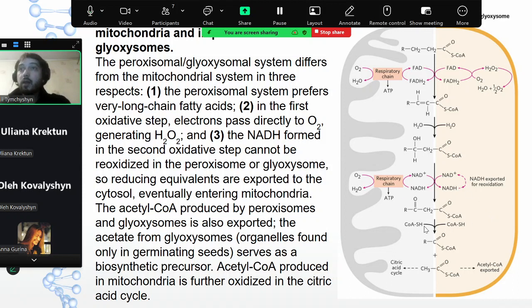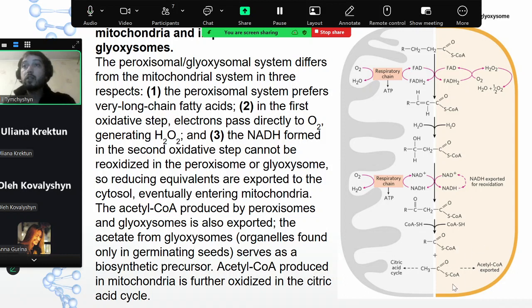The next pathway is pretty similar, but once again, when we get to the end, you remember that in beta oxidation we always get 2 carbon atoms at a time, and we are creating acetyl-CoAs, and these acetyl-CoAs can enter the Krebs cycle and give us some more NADH, FADH, and that will go to the electron transport chain and gain us some more ATP.